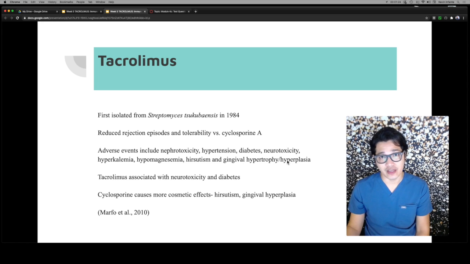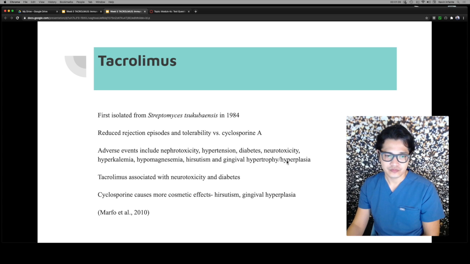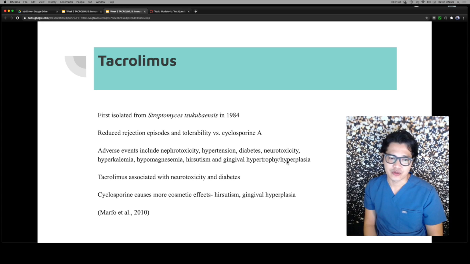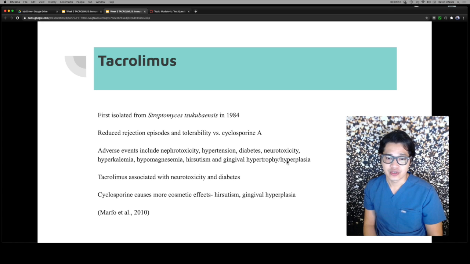It reduced rejection episodes and has better tolerability versus cyclosporin A, which is another calcineurin inhibitor. Adverse effects of tacrolimus include nephrotoxicity, hypertension, diabetes, neurotoxicity, hyperkalemia, hypomagnesemia, hirsutism, gingival hypertrophy, and hyperplasia. Tacrolimus is more associated with neurotoxicity and diabetes, and the other calcineurin inhibitor, cyclosporin, causes more of the cosmetic side effects, which include hirsutism and gingival hyperplasia.